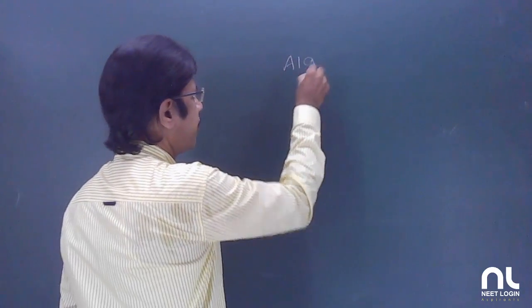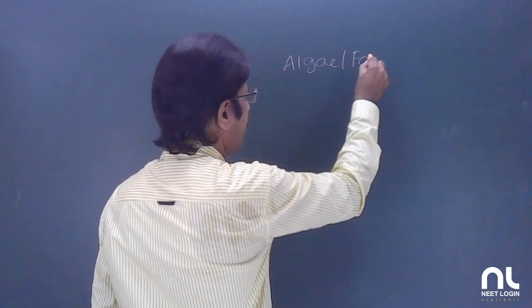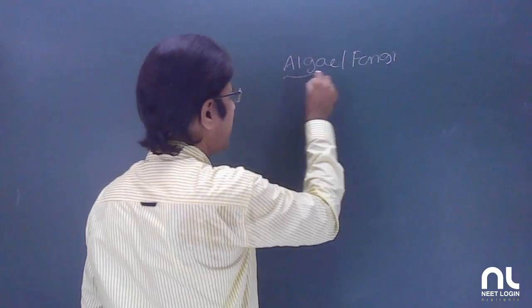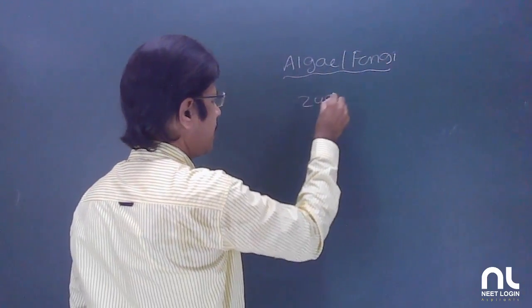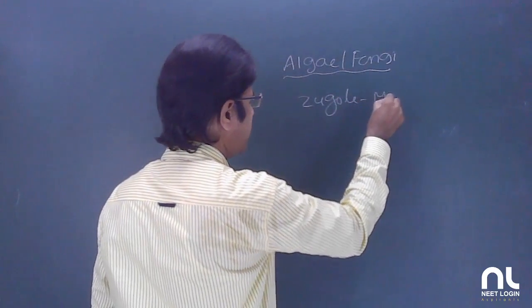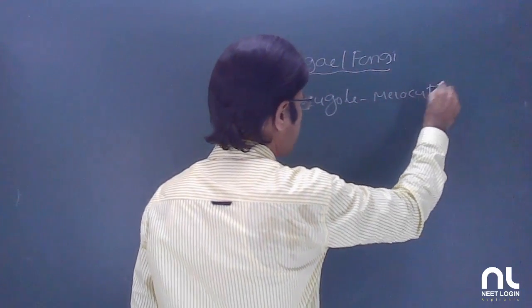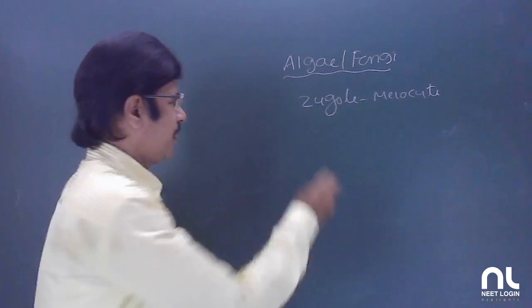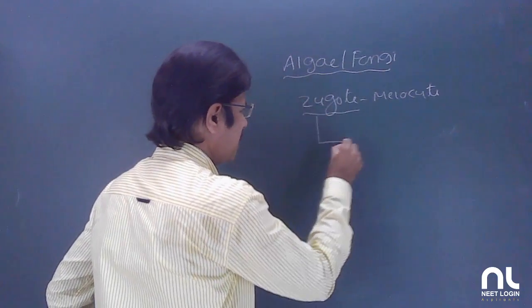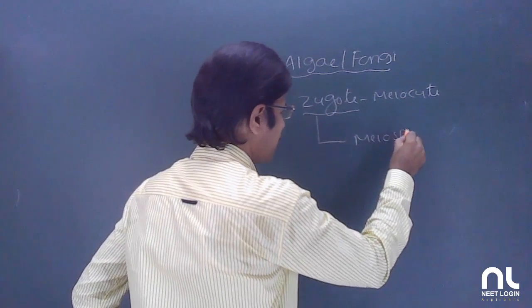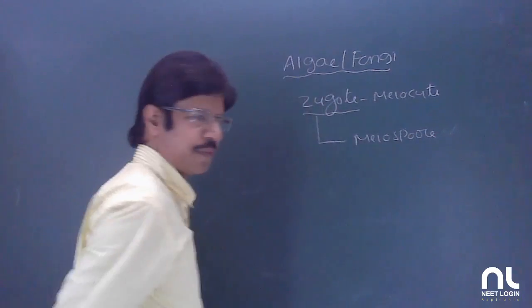And in case of the type of life cycle in algae and fungi, the zygote is the meiocyte. The zygote undergoes meiosis to produce meiospores.